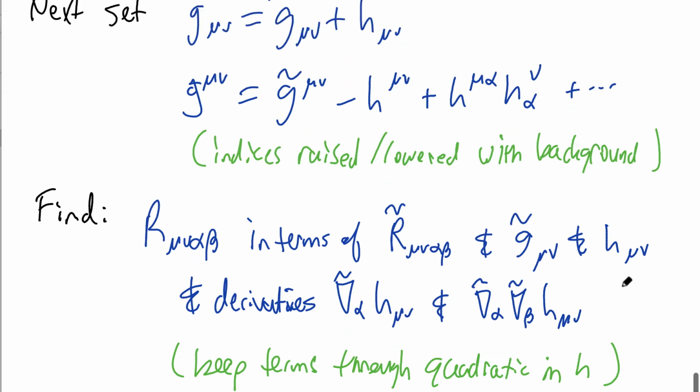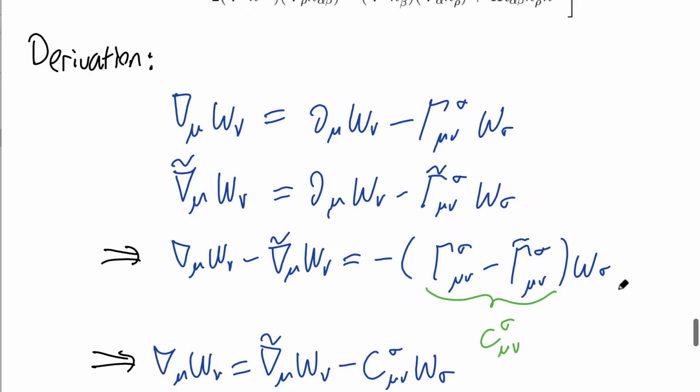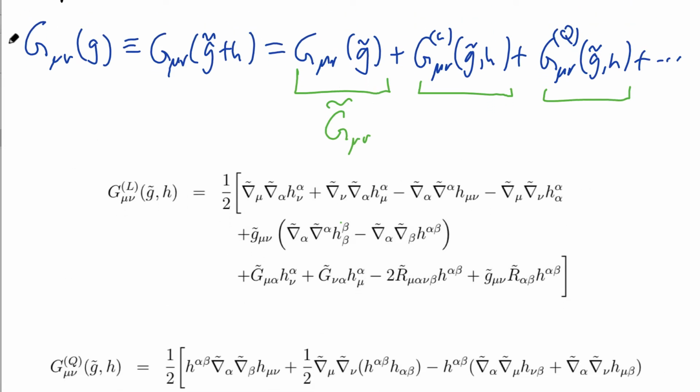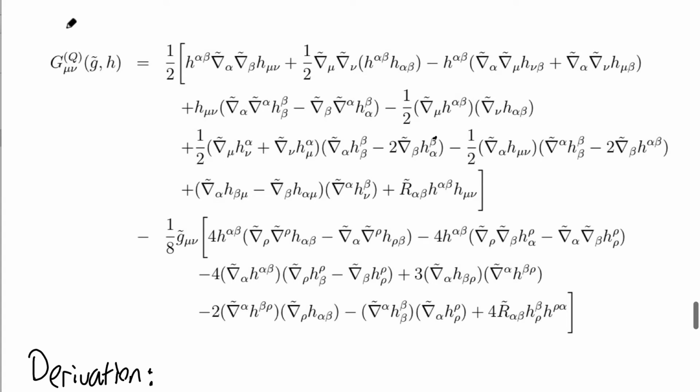The result of this long and complicated calculation is what I've shown here. The leading order term in the Einstein tensor is just the Einstein tensor for the background metric. The linear terms are displayed right here, and the quadratic terms are displayed here. And remember, it's the low frequency or long wavelength part of the quadratic terms in the Einstein tensor that define the stress energy momentum tensor for the gravitational waves.